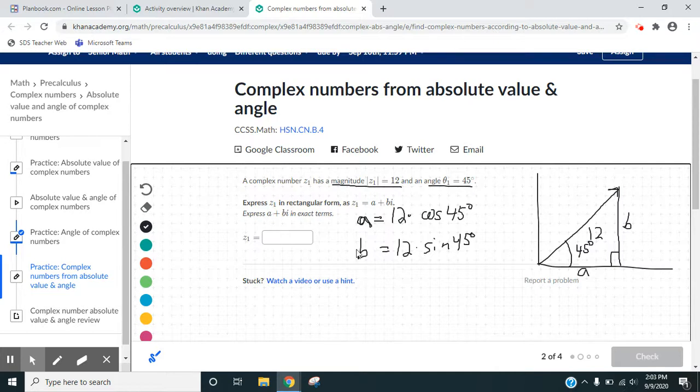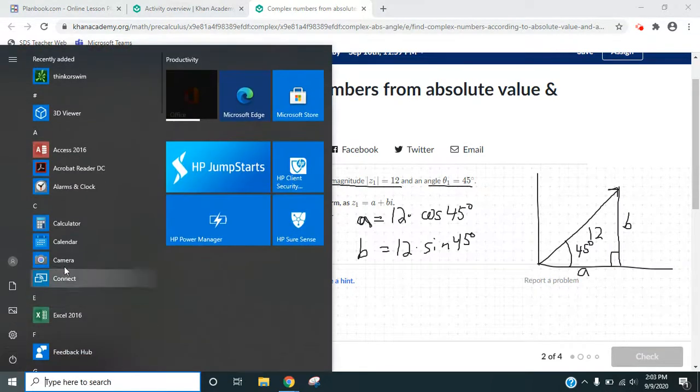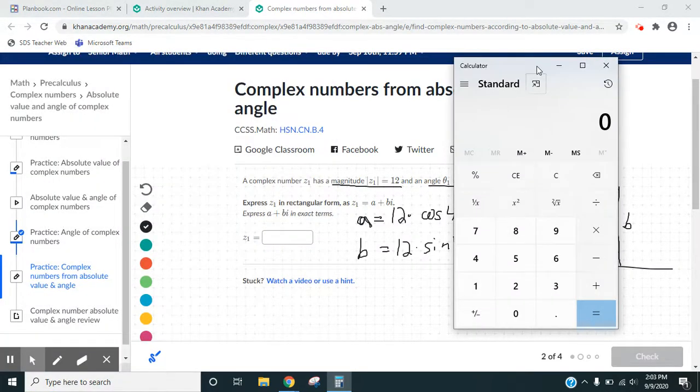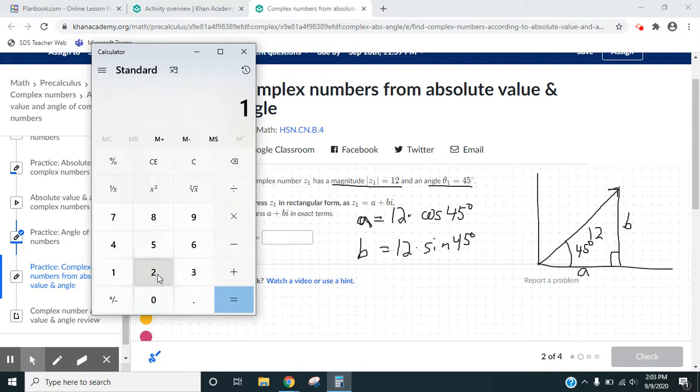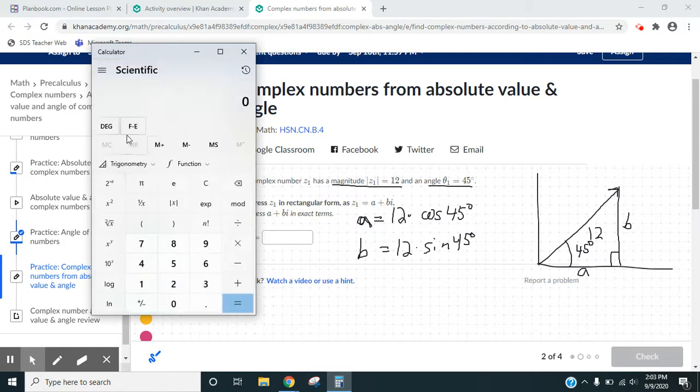All right, so this first one, let's pull up the calculator. Gonna have to switch to scientific. So 12 times 45 cosine, get 8.485.